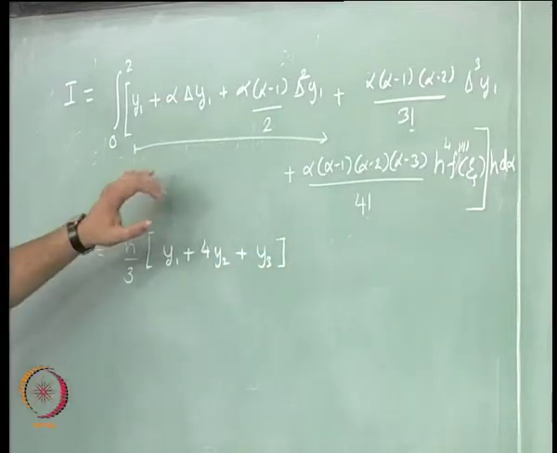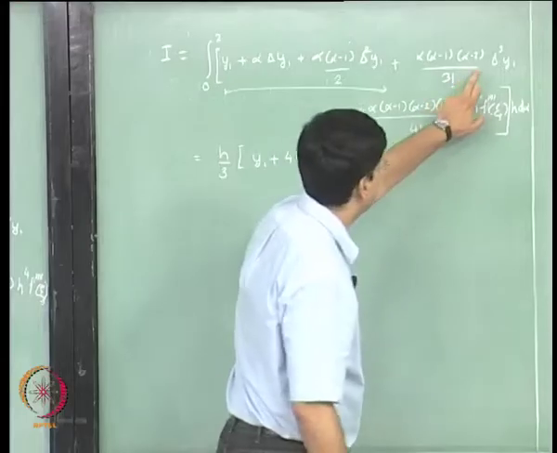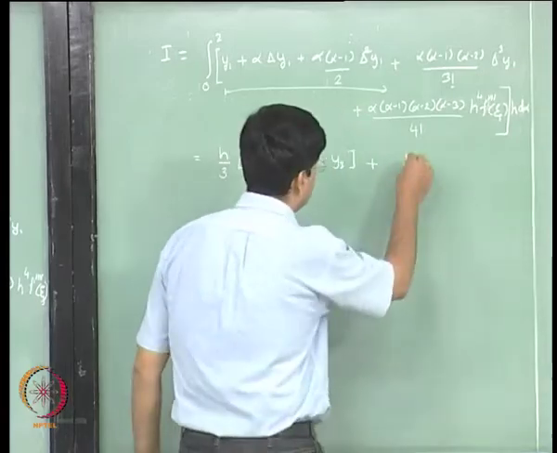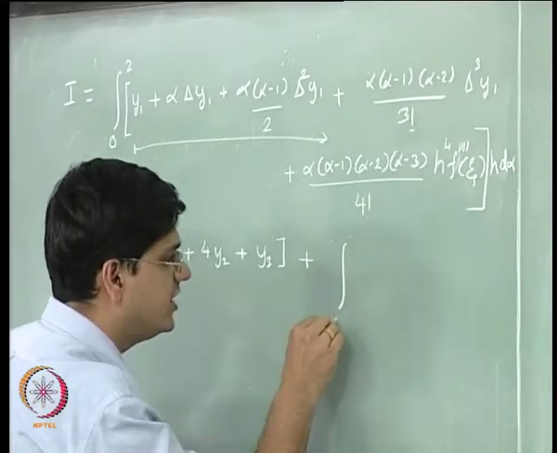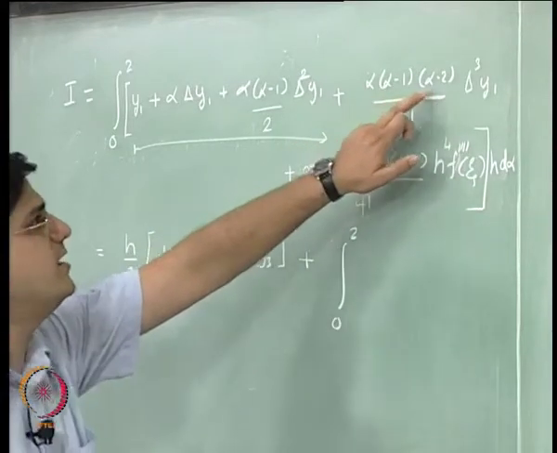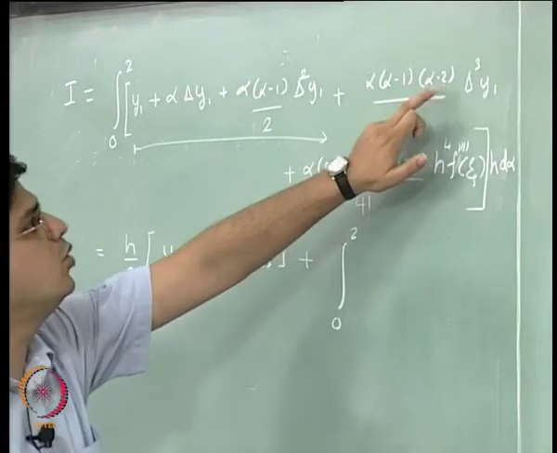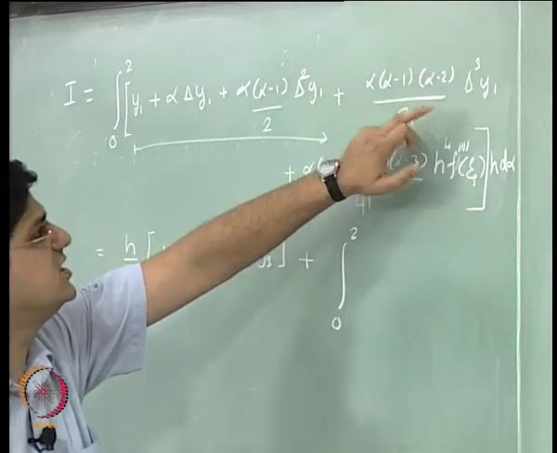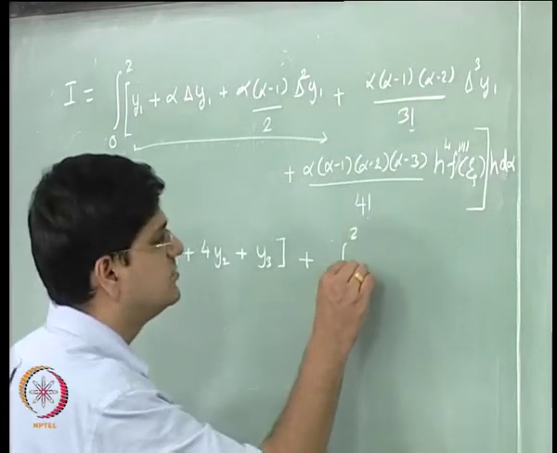That was the result that we derived in the previous lecture. Now, talking about this particular term, we have the integral from 0 to 2 of alpha squared minus 3 alpha plus 2, multiplied by alpha.